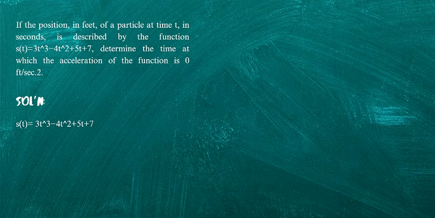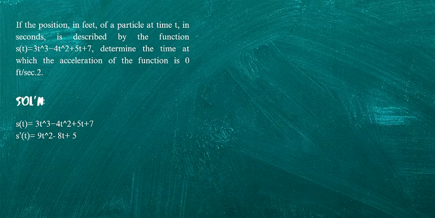First, rewrite the given, which is s of t equals 3t cubed minus 4t squared plus 5t plus 7. Then the first derivative of it is 9t squared minus 8t plus 5.